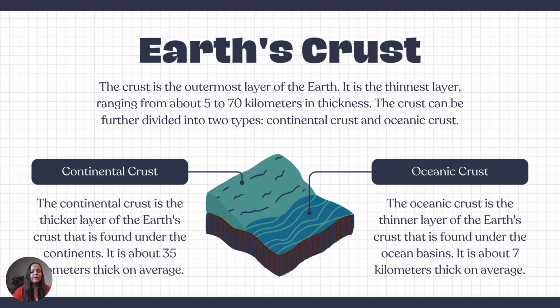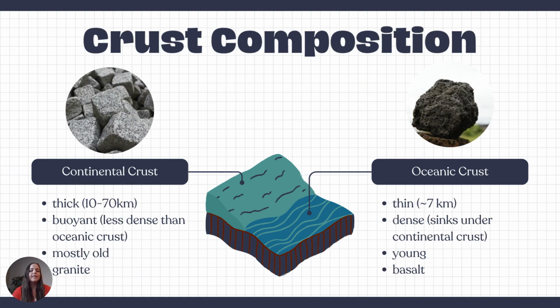The other big difference between these two is that they are made up of different things. The continental crust is thick, like I said. It's buoyant, less dense than the oceanic crust, and that comes from the type of rock it's made of. Most of the continental crust is made up of granite, and it's mostly old material. So this makes it much less dense than the oceanic crust, which is made up of basalt.